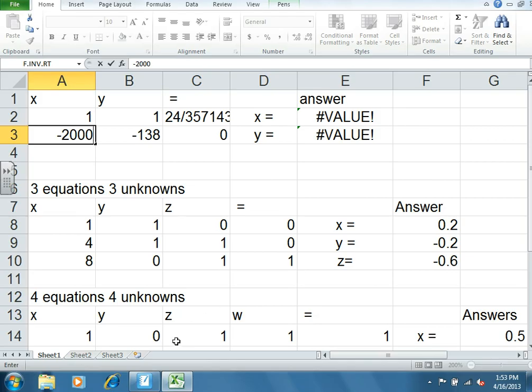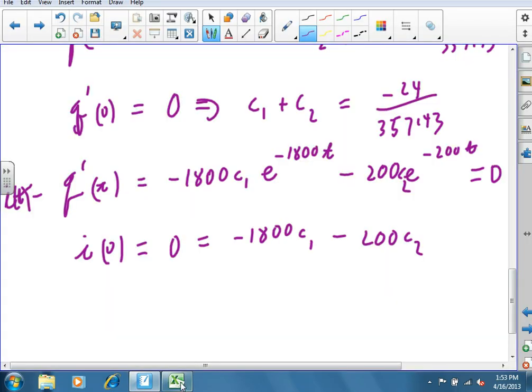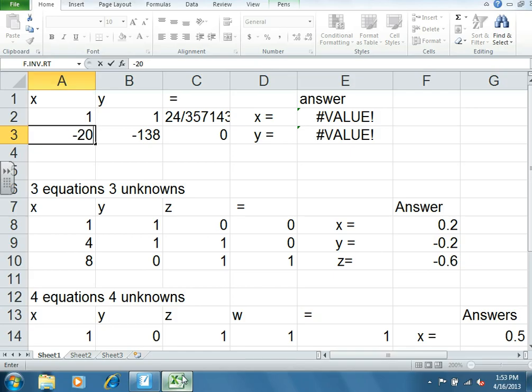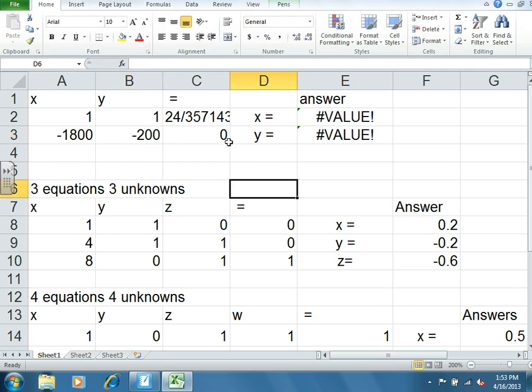I forget already. It's 200. Minus 1,800, minus 200. Did I give you guys this formula, right? Is equal to 0.